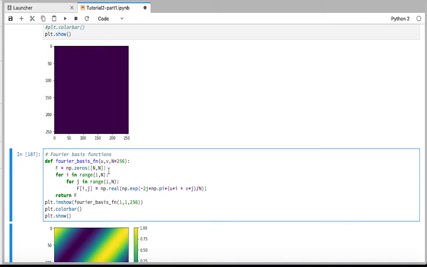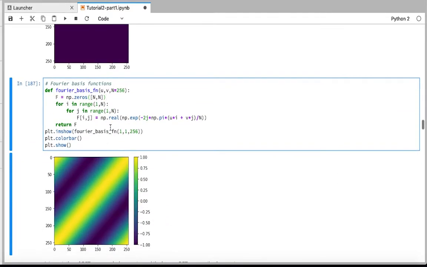Now let's understand what the Fourier transform actually does to images. Whenever we do a Fourier transform, you multiply with this exponential, which depends on the place where your point is, the u and v.